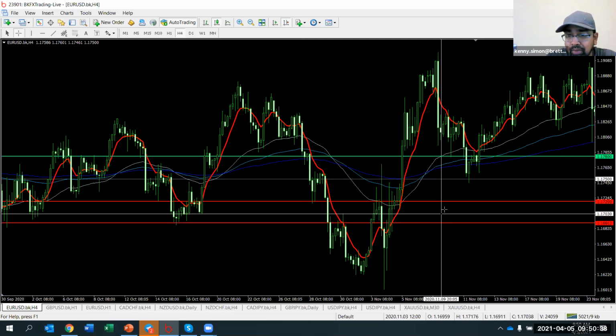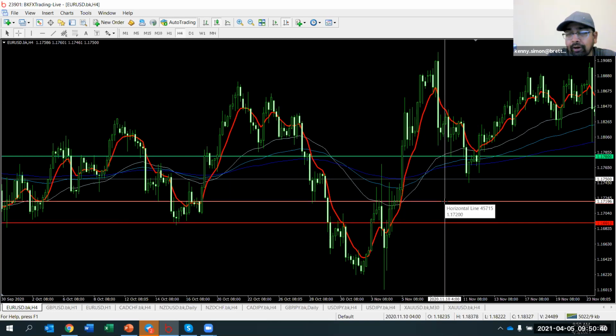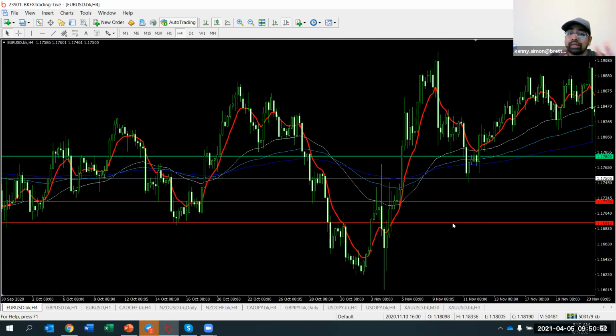So that basically means that if it breaks out there, and you've got a lot of fundamental news pushing it to be negative, then the euro can actually fall against the US dollar. And the minimum number of pips is about 28, 29 pips, because that is only based on this candle here.